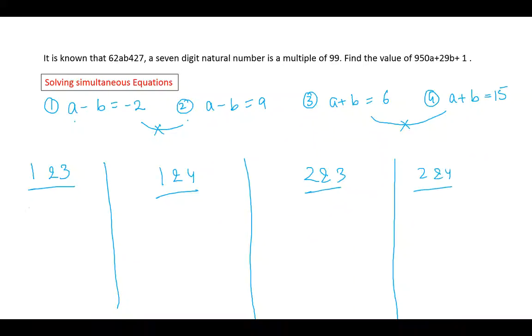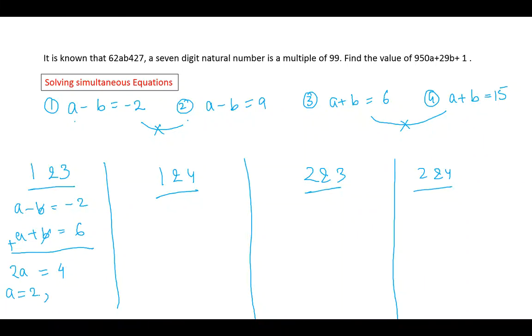Okay, let's see. My equation 1 was a minus b equal to minus 2 and a plus b equal to 6. Right? A simple addition of these two equations will actually give me the value of a. So if I add these two equations, I'll get 2a, my b gets cancelled out, and the value I come out to be is 4, which means my a is equal to 2.